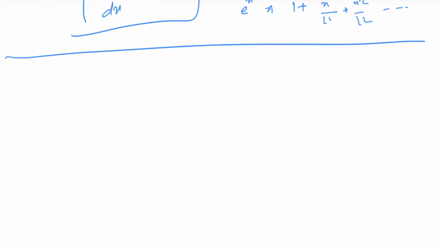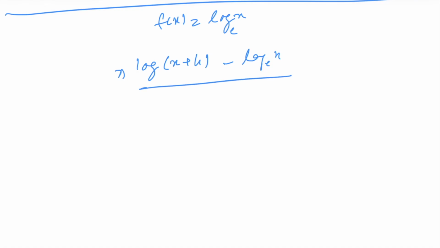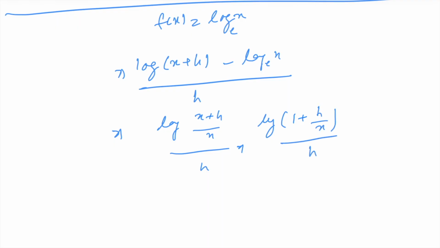Let's solve another example. Here take log x, log natural x, again using the same principle. I'm not writing e, it's a natural log, so we can write ln x, and using log properties, we can write log((x+h) upon x) upon h, and then we could write it like log(1 + h upon x) upon h. So why am I doing that?